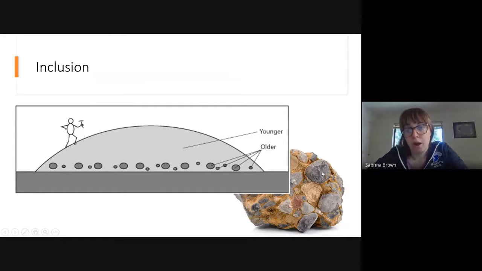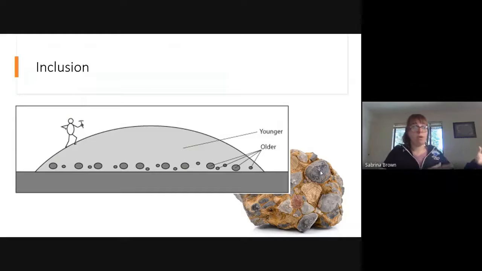Those big particles were formed before the rock that they were included in.